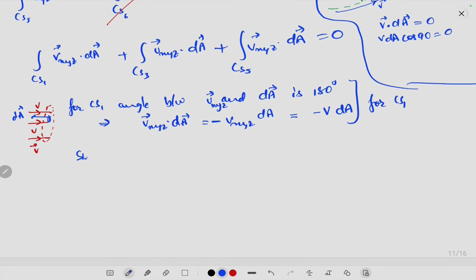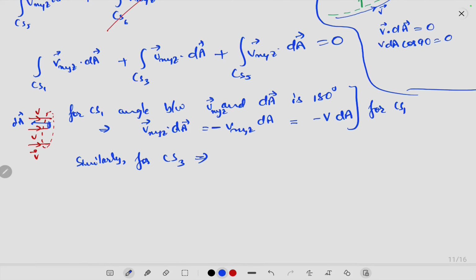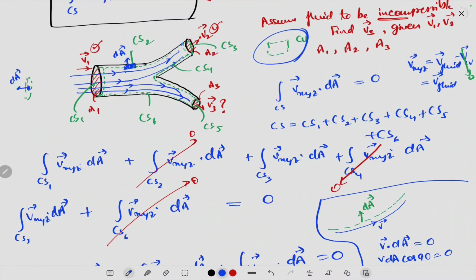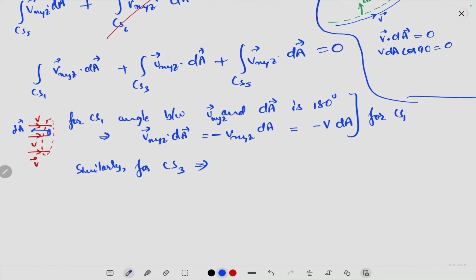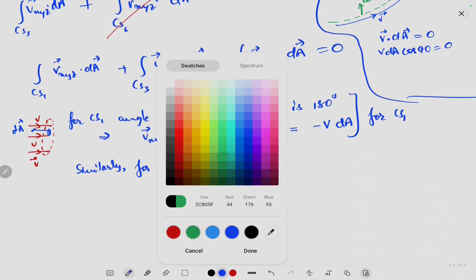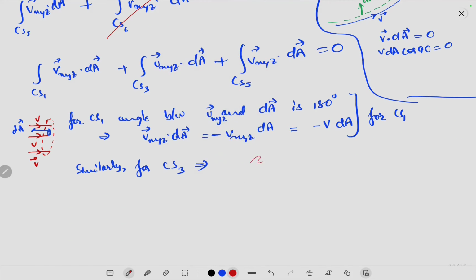Now similarly, for CS3, what would happen? Let's just draw CS3. It looks something like this. This is my CS3. The velocity vector is v3 on this, and if I make a dA vector, it would point something like this.